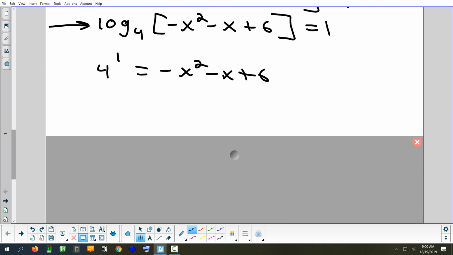Does anybody remember when we're solving a quadratic, what you normally try to get it equal to? Try to get this on one side by itself. Yep. Well, because it's a quadratic, we're not going to be able to get x by itself without using either factoring or quadratic formula, but we try to get it equal to a certain number.